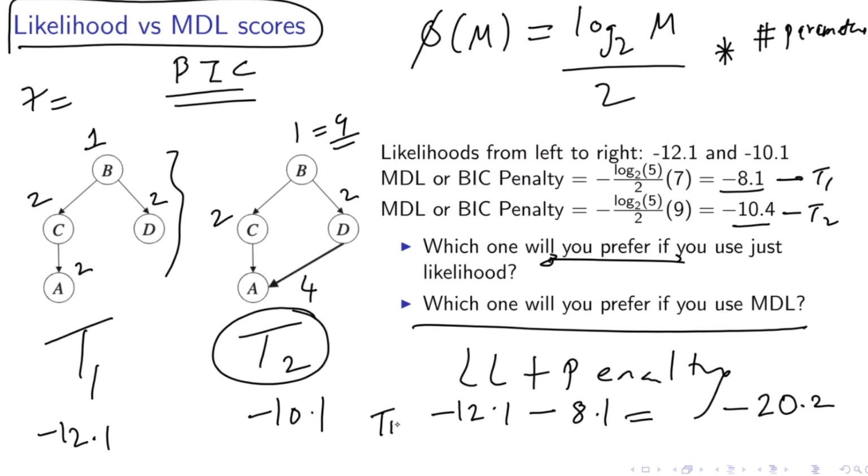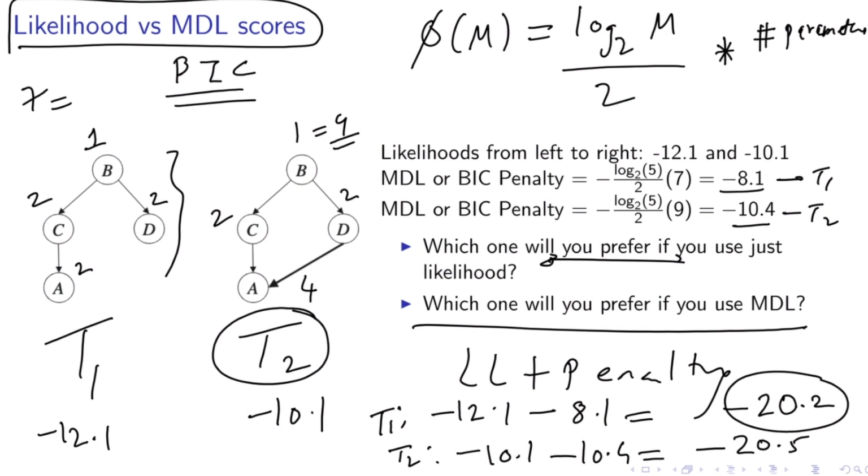For T2 it will be minus 10.1 minus 10.4, which will be equal to minus 20.5. So which one is larger? Minus 20.2 is larger. So based on the likelihood plus BIC penalty, I would have selected T1. So T1 based on the MDL score and T2 based on the likelihood score.